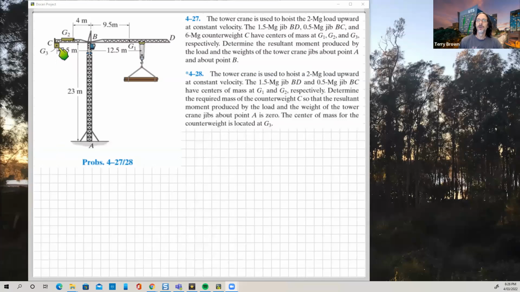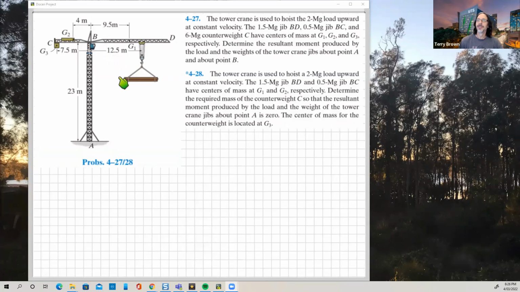Okay, so we've got all of these forces, and because we know this is being raised at a constant velocity, and hopefully the crane is not rotating and tipping over, then we have equilibrium.